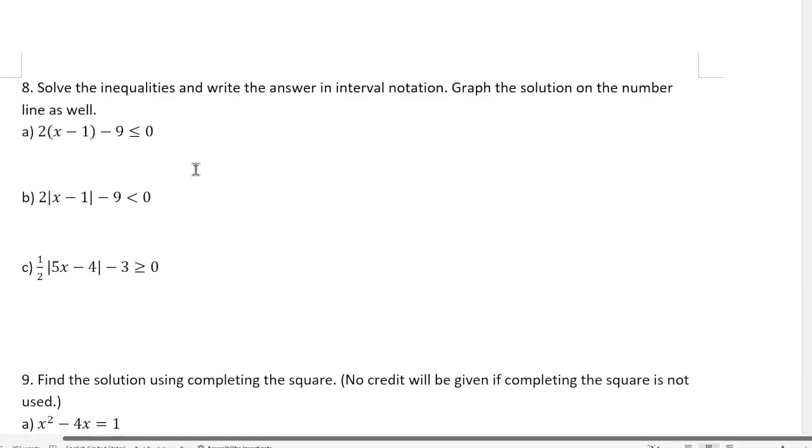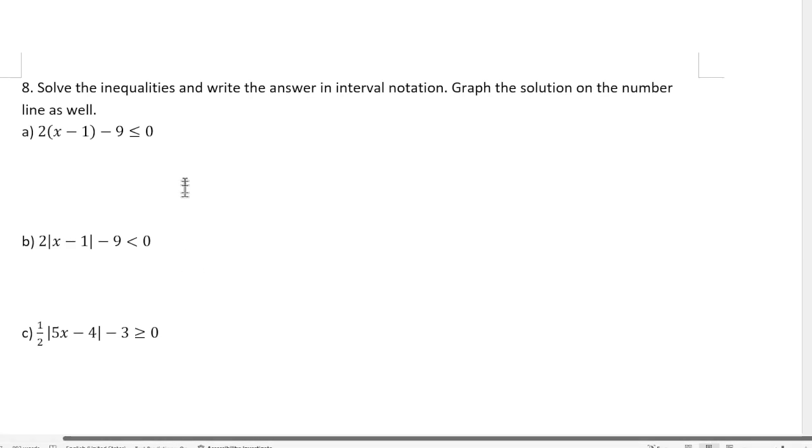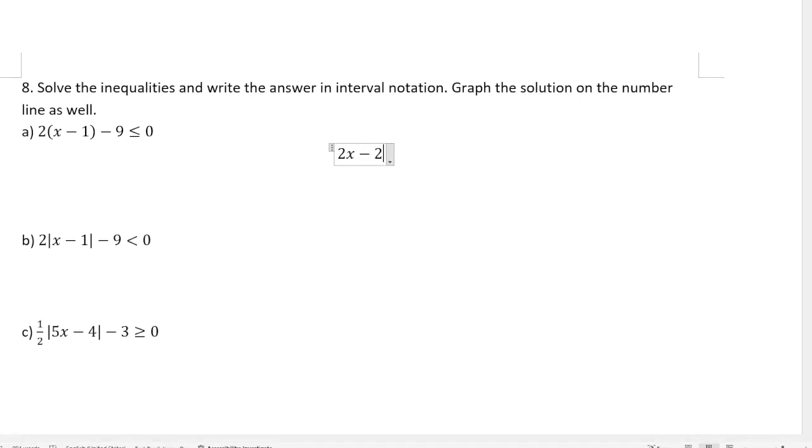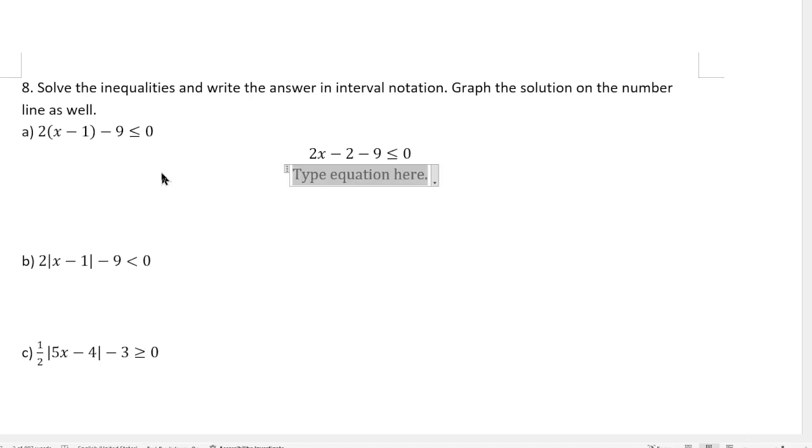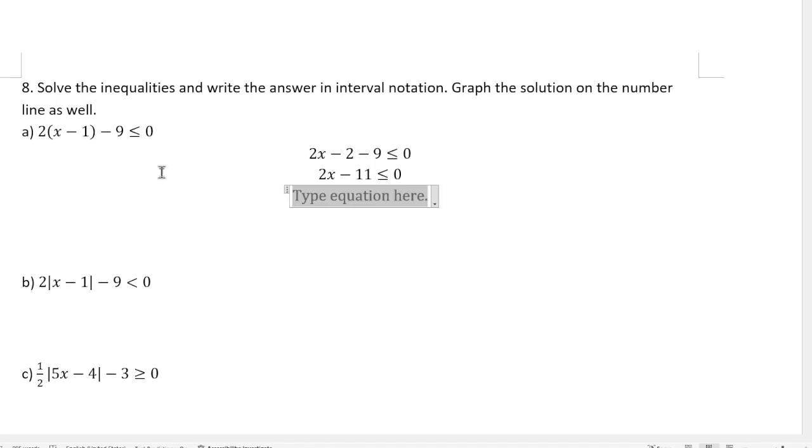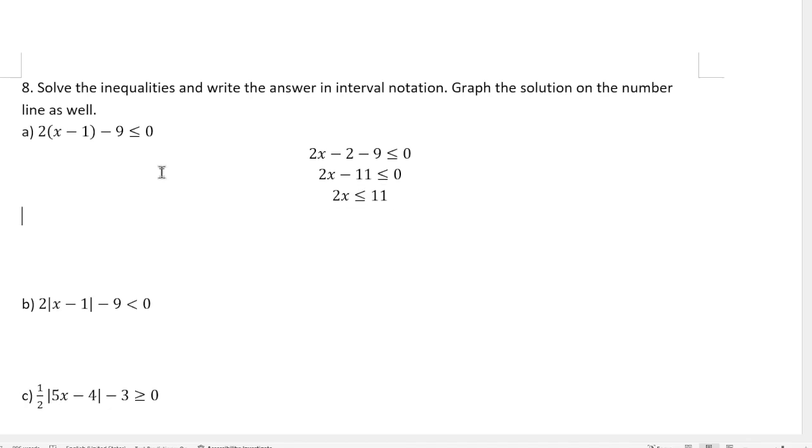All right, inequalities. First inequality, you just multiply by 2. And then you have 2x minus 11 less than or equal to 0. Add 11 both sides. And now divide by 2.